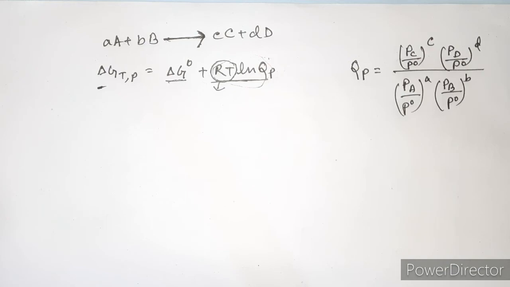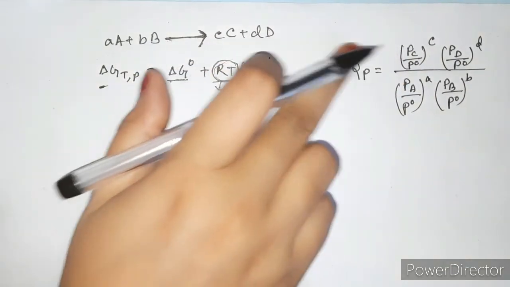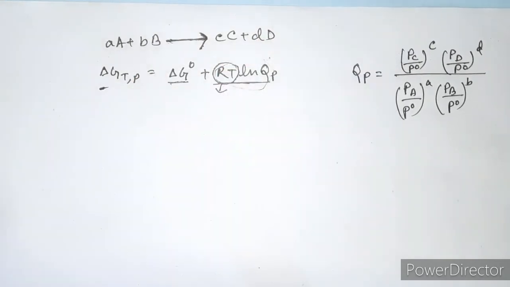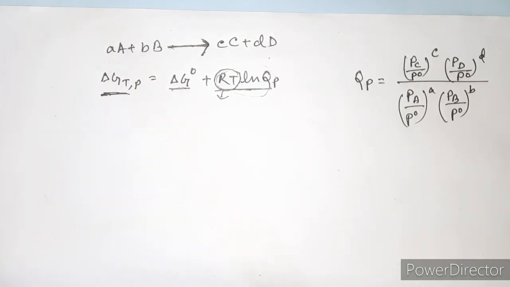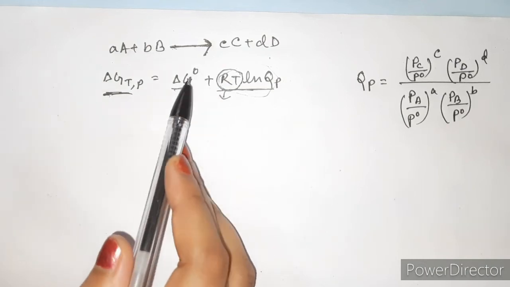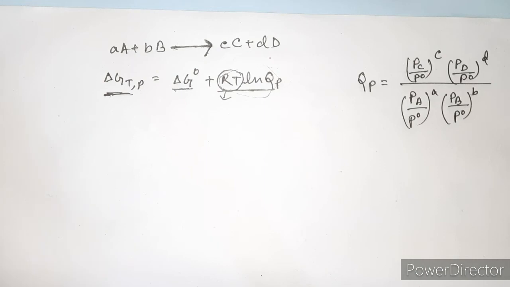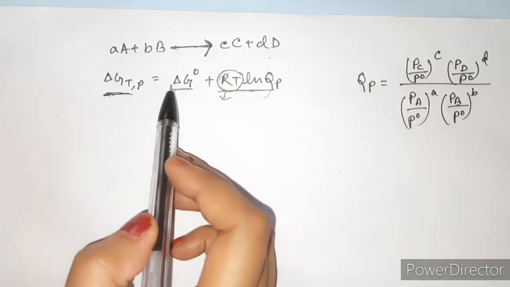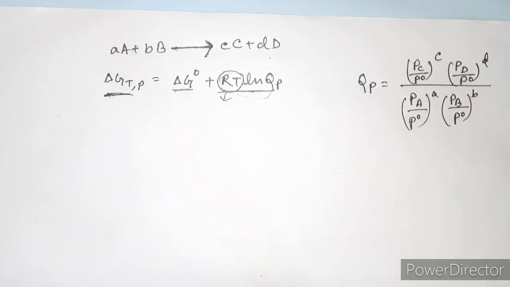So it will show a non-spontaneous manner when the partial pressure of the product is more than the partial pressure of the reactant. When the forward reaction is spontaneous, del G is somewhat more negative than the del G0 value, and when the forward reaction is non-spontaneous, del G is somewhat more than the del G0 value.